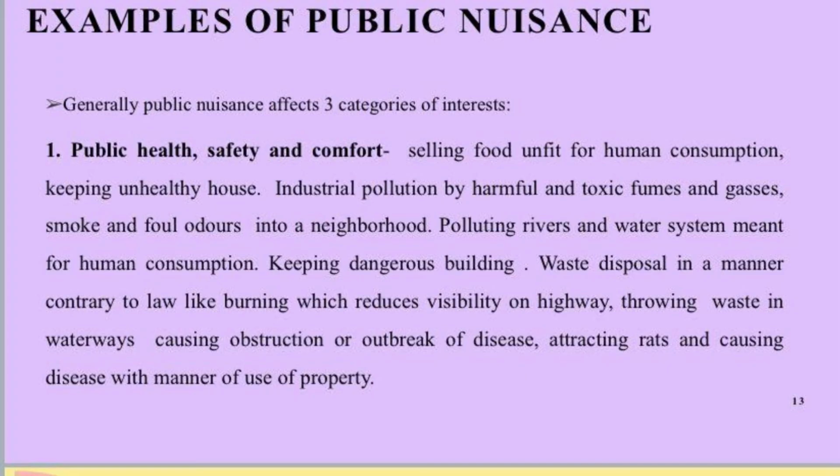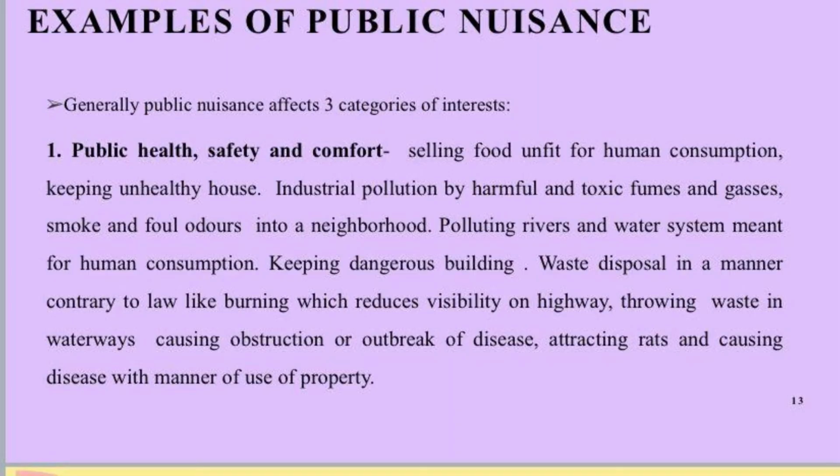Now, what are the examples of public nuisance so that we can have a graphic, clear understanding of what we are talking about? Usually, public nuisances are activities that affect public health, safety, and comfort. For instance, when you sell food that is unfit for human consumption, that can cause a breakout of diseases, when you keep an unhealthy house, when you have industrial pollution by a handful of toxic fumes.